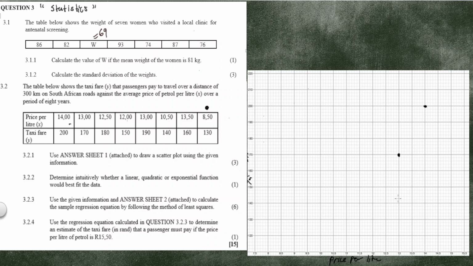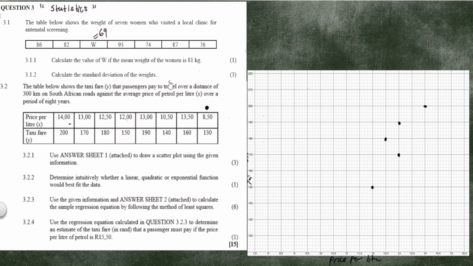Then we have 12 rand 50, which is 180. Then 12 with 150. Then another 13 rand, that's 190.